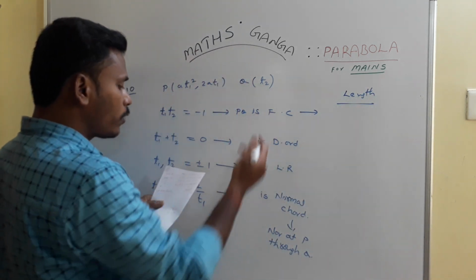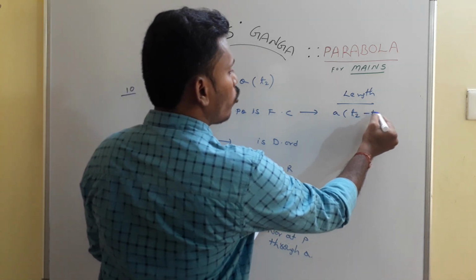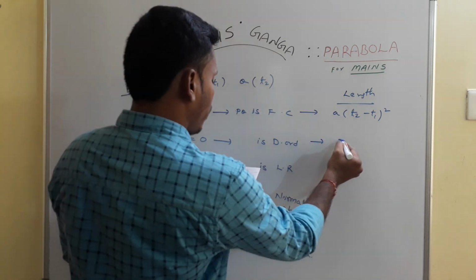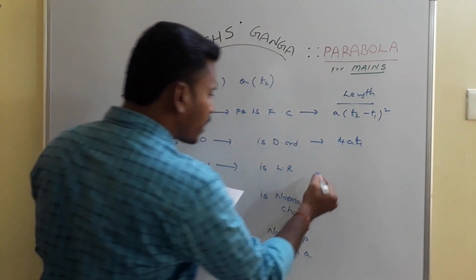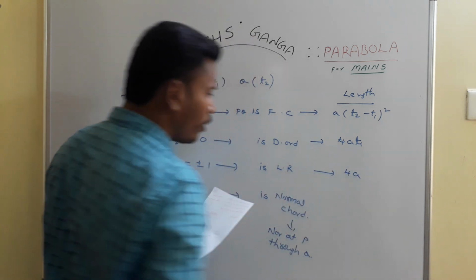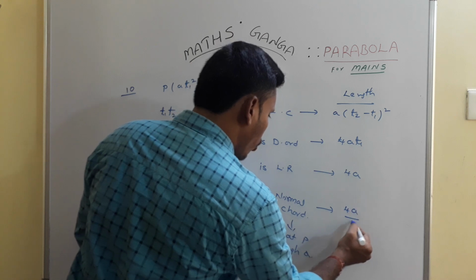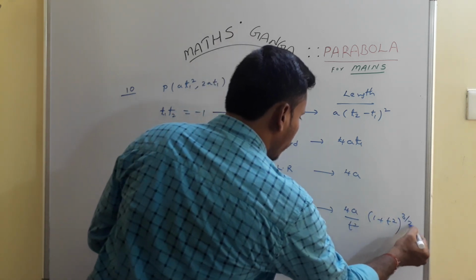See, if PQ is a focal chord, then the length is calculated using a(t2 − t1)². And if that is a double ordinate, then the length is nothing but 4a t1. And if it is the latus rectum, the length is directly 4a. And if it is the normal chord, then the length is given by 4a/t1² times (1 + t1²)^(3/2).